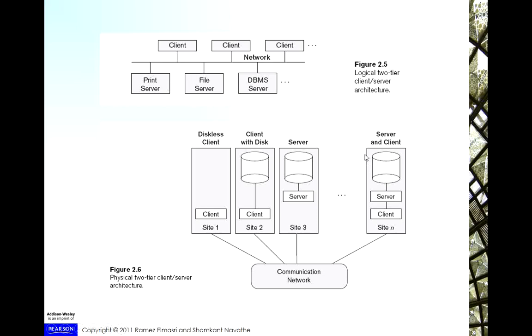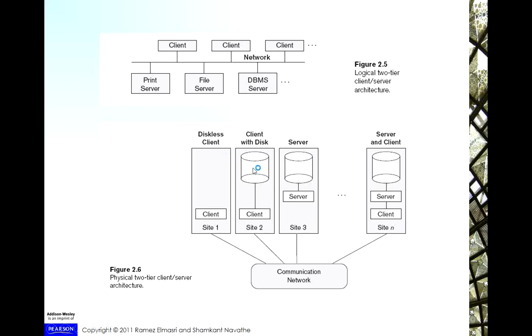This is logically speaking, for this two-tier client server architecture. In the physical two-tier client server architecture, we can see that this can actually be working as a server and a client at the same time. This computer is peer-to-peer, and this one is a server.